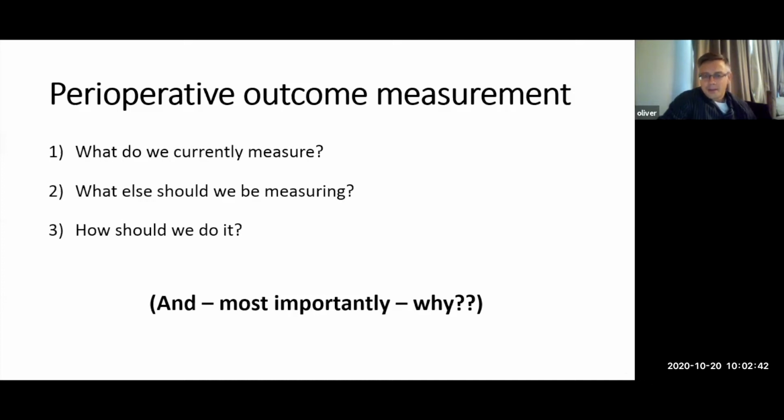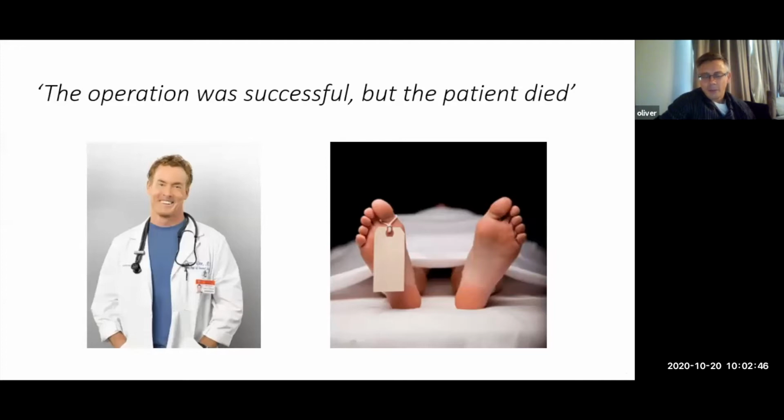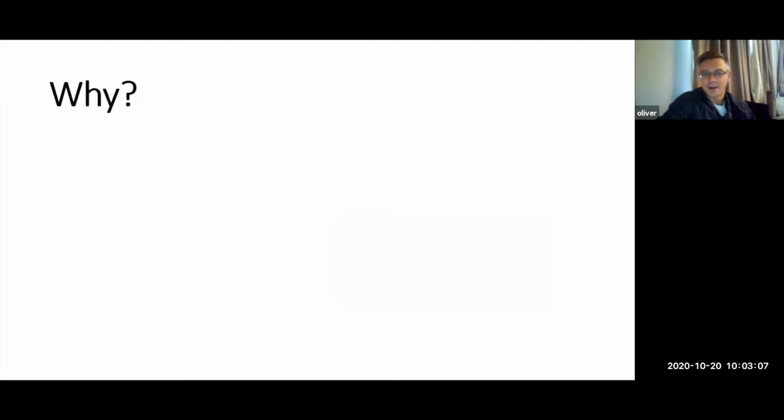So the why, I think, is fairly straightforward. You might have heard this quote before: there is an obvious contradiction in the idea of a successful operation but a dead patient at the end of it all. And the bigger side of why patient-centered outcomes and outcome measurement as a whole are important, I think, is encapsulated by this character.